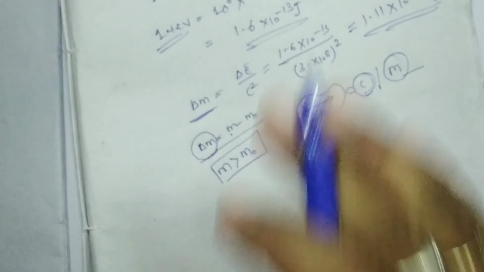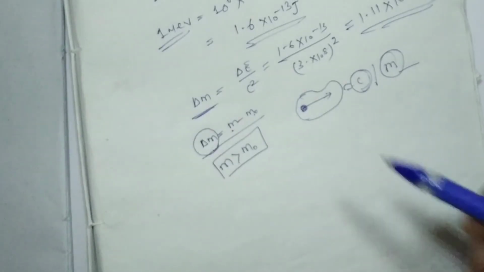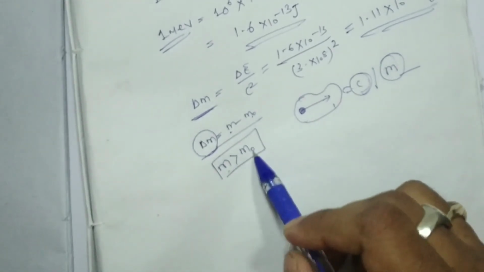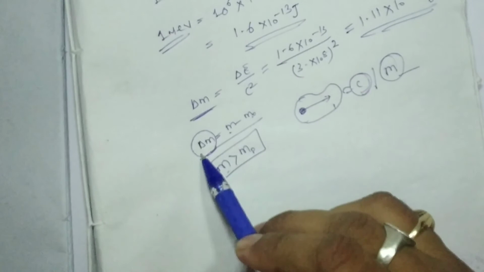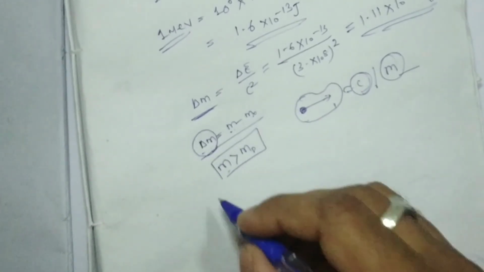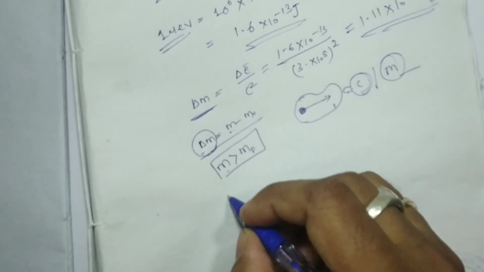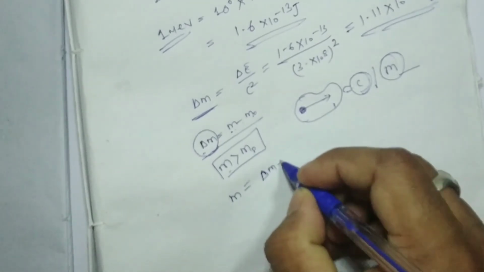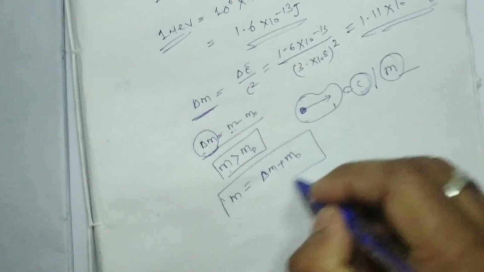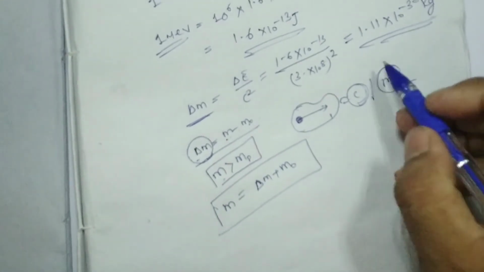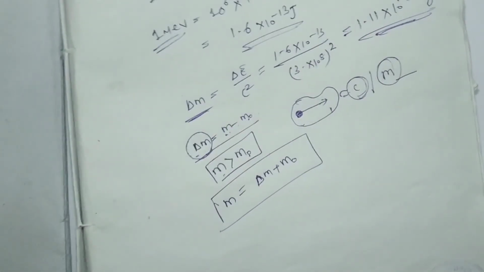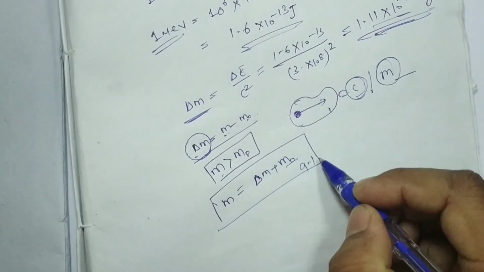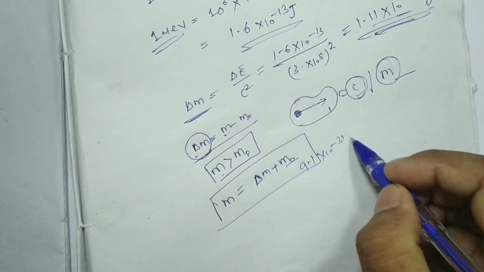Whenever a particle is moving in relativistic mechanics, at the time of moving its mass is greater than its rest mass. So del m will be m minus m0, and hence its relativistic mass m equals del m plus m0. Del m we already found, and m0 we know is 9.1 into 10 to the minus 31 kg.